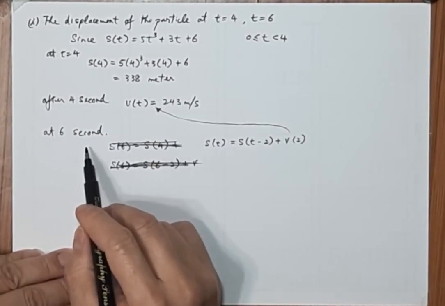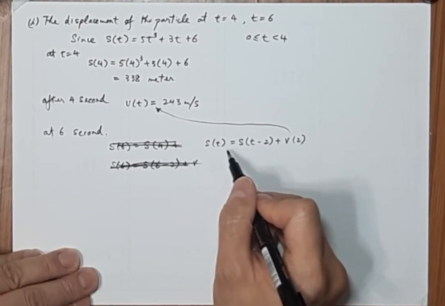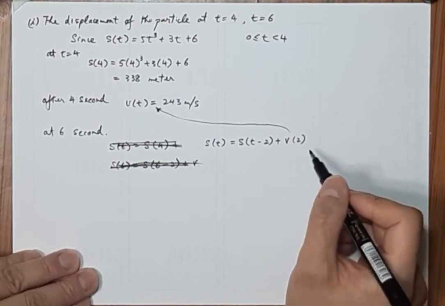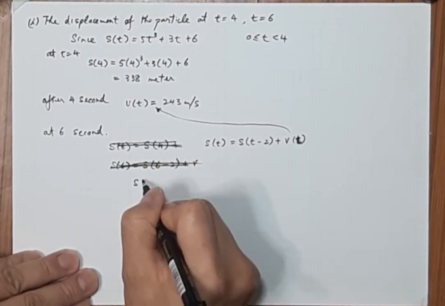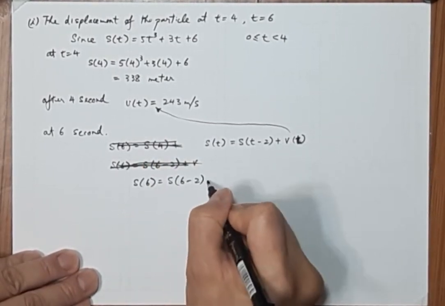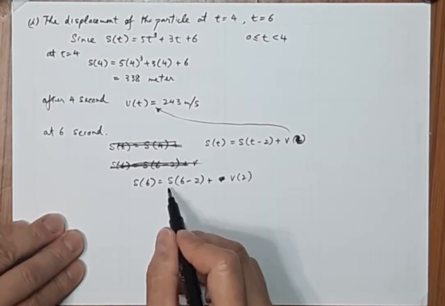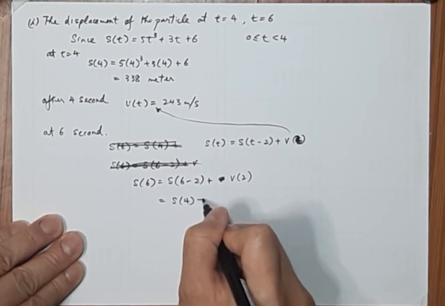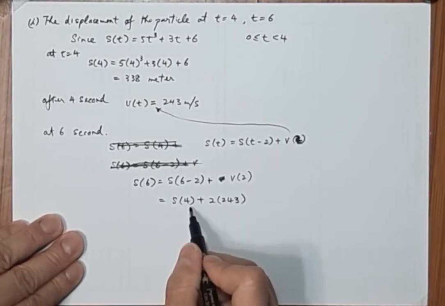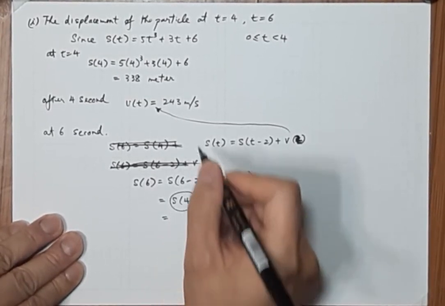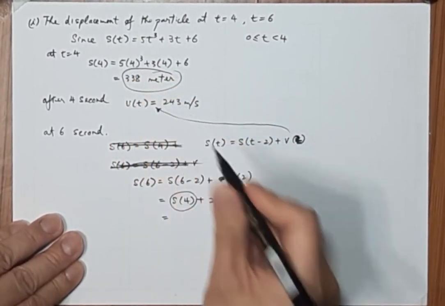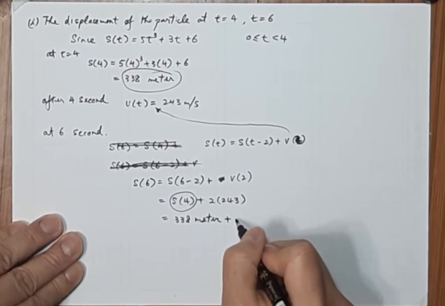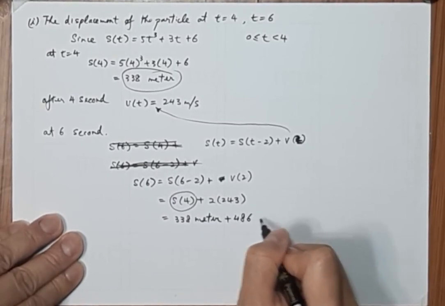so at t equal to 6 seconds, the function s(t) is equal to s(t minus 2) plus 2 times v, where v is this function here. So s(6) is equal to s(6 minus 2) plus 2v, equal to s(4) plus 2 times 243, where s(4) is 338 meters. 2 times 243 is 486 meters.